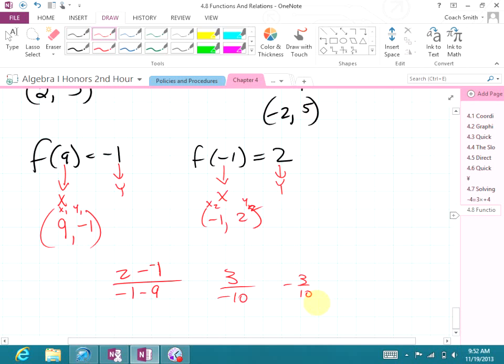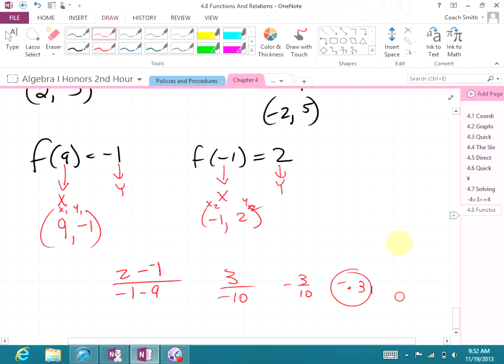For some odd reason, which they don't ever really do, they've expressed it in the book as a decimal, which I don't care. I prefer you to express it as a fraction because we don't really ever express slope as a decimal or mixed number.